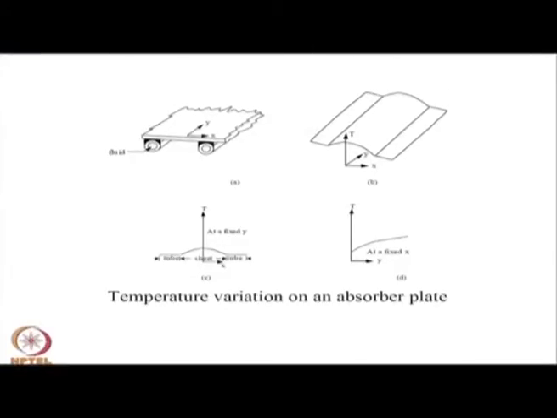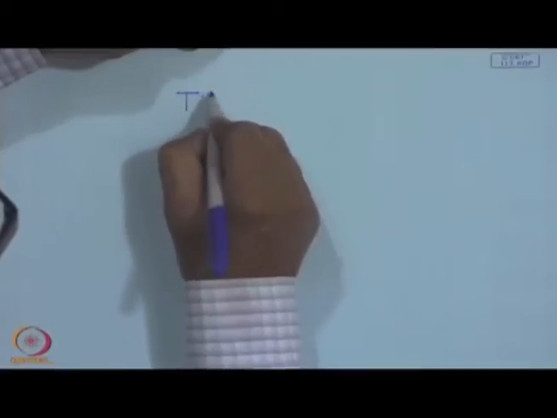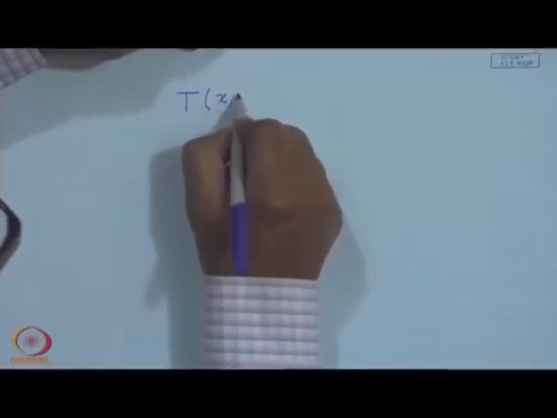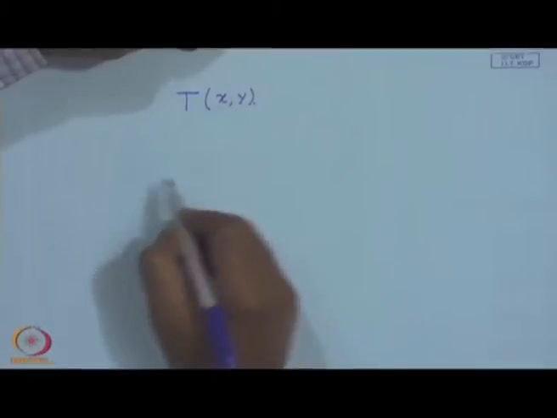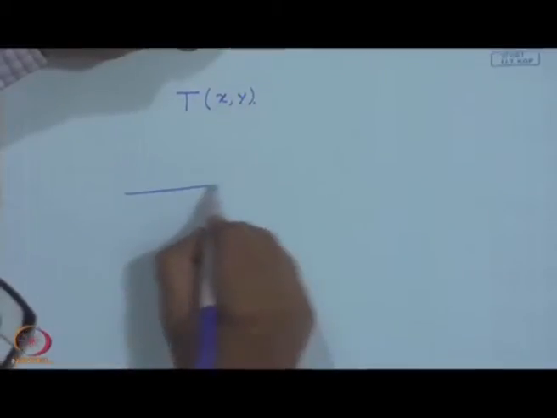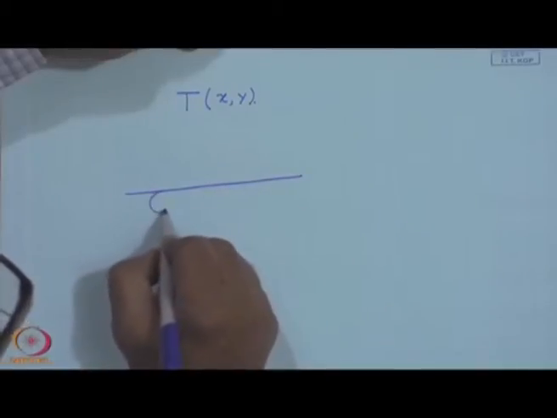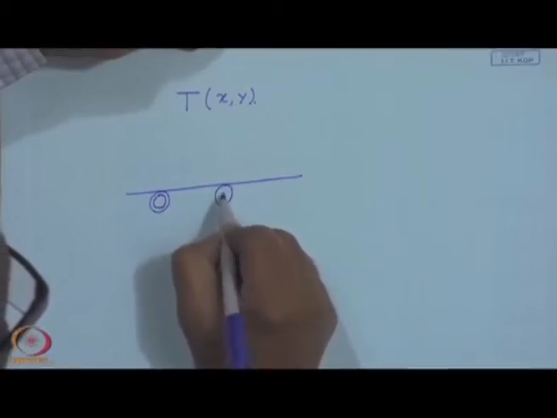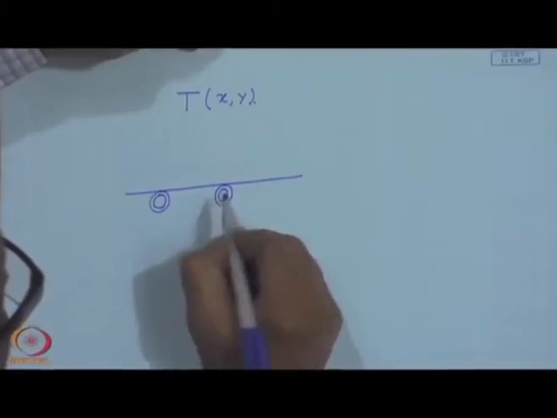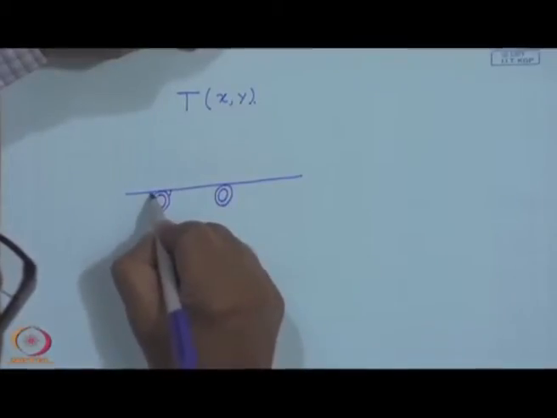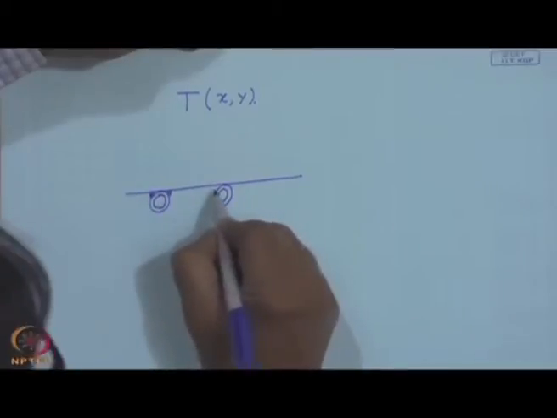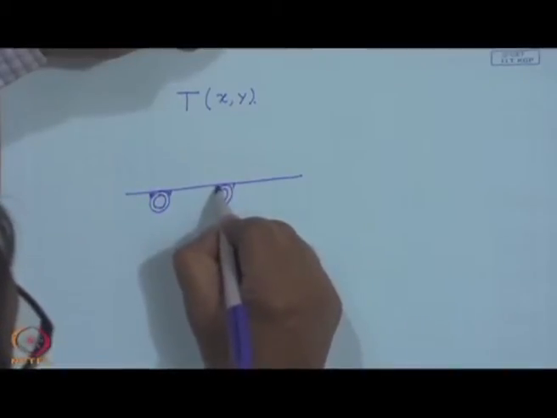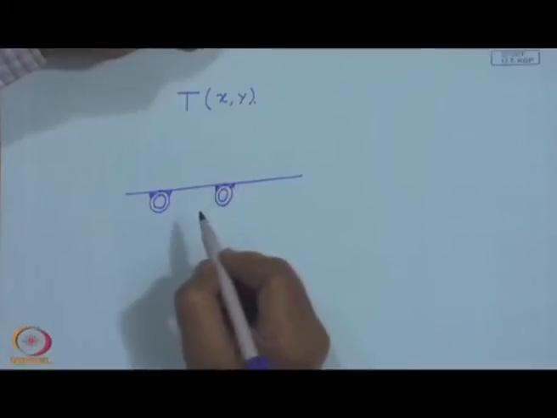Now, if we want to make an analysis, we should know in general the temperature on the absorber as a function of x and y. If I may show the detail, the tube may have an inner diameter and an outer diameter, d_i and d_o, and this is soldered or welded with a bond material, so that the thermal contact is good and the heat is transferred towards the fluid.